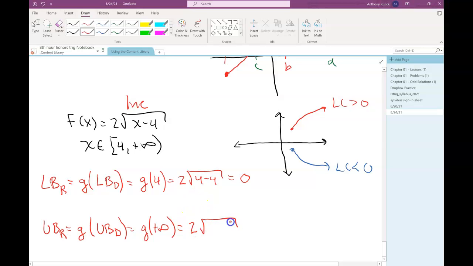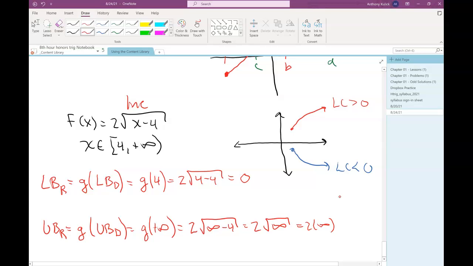So we have 2 times the square root of infinity minus 4. Well, if I have infinity and I subtract 4 from it, what am I really going to have? Still infinity, right? That doesn't affect anything. If I have infinity and I square root it, what am I still going to have? Still infinity, right? And I take infinity and multiply it by 2.